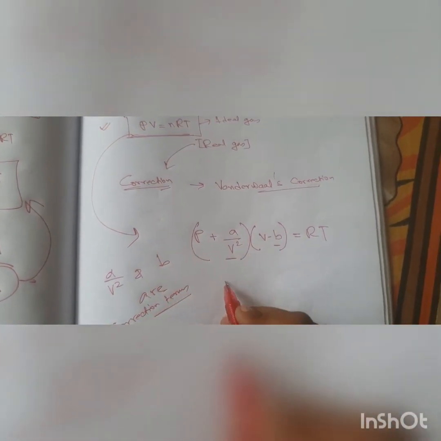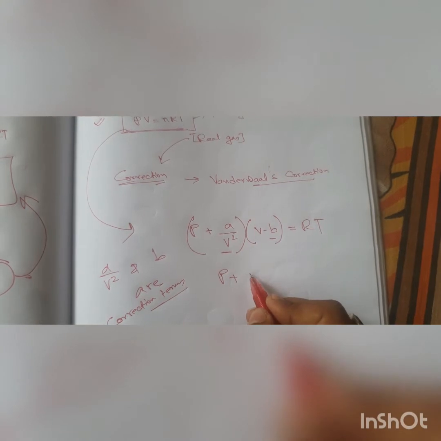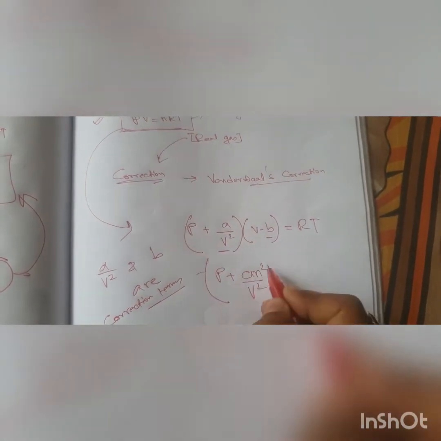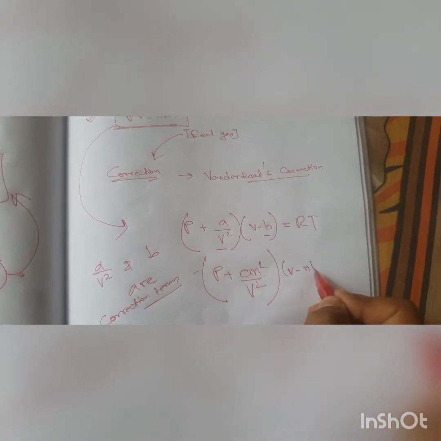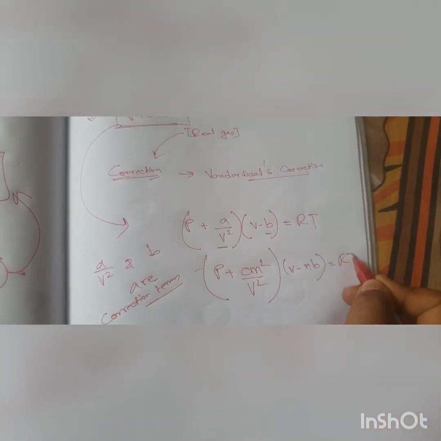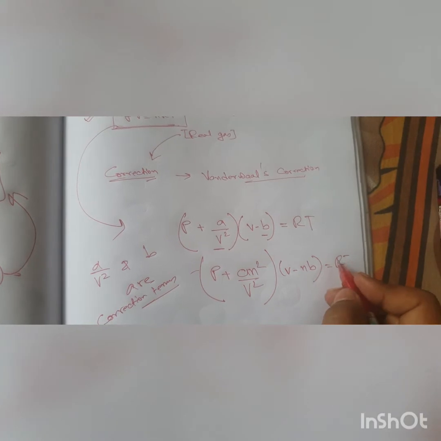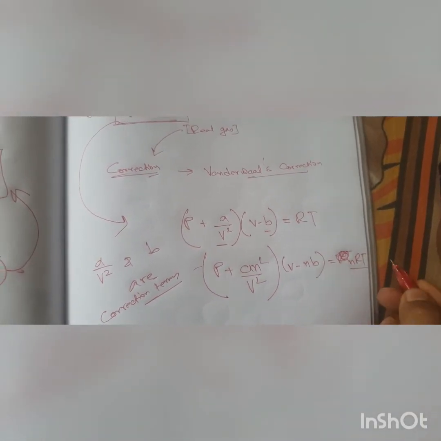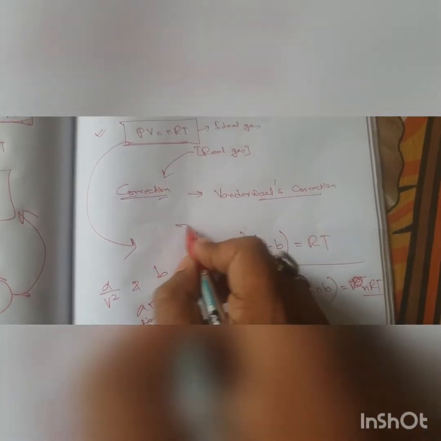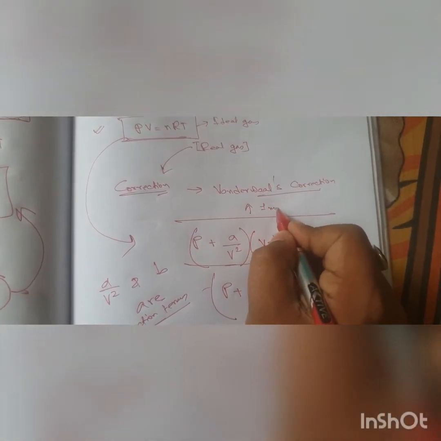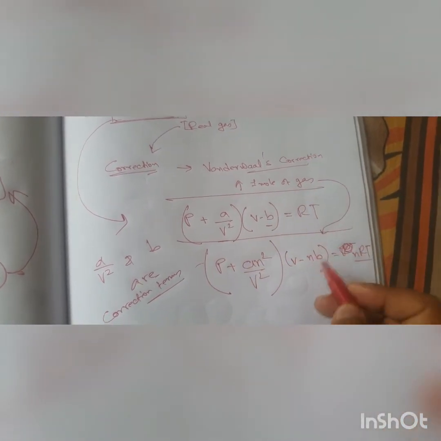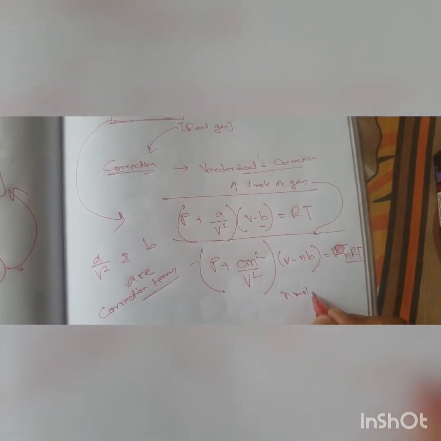So the n is there: P plus a n square by V square, into V minus n b, equals nRT. This is definitely the correction for 1 mole of gas, and then the correction for 1 mole of gas is applied to n moles of gas.